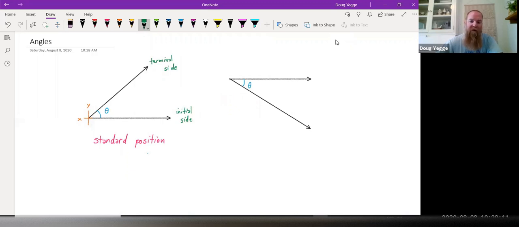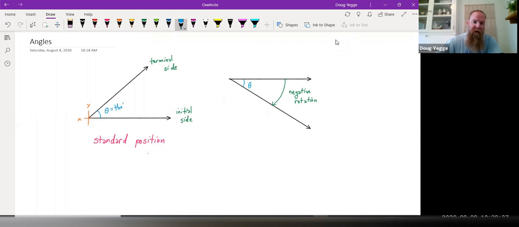Now, if we were to look down here on the right side, if an angle were starting in this position and coming down and around in a clockwise direction, this would be considered a negative rotation. Now you might notice this little symbol that's inside of the angle. And so we're describing this angle by the Greek letter theta.